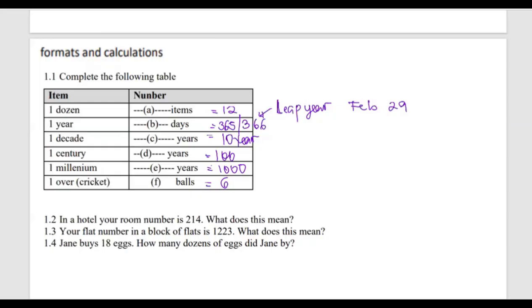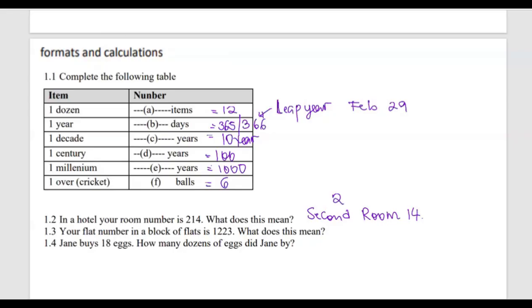That means half a dozen is 6. Half a dozen is what? 6. In a hotel, your room is 214. What does this mean? It simply means the 2 is for the second floor, then room number 14.